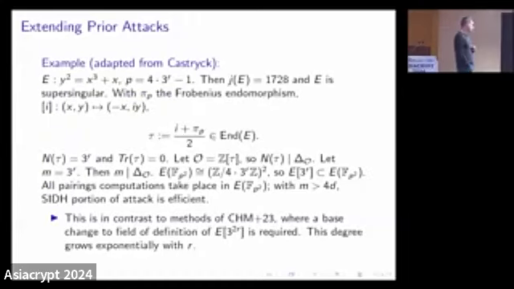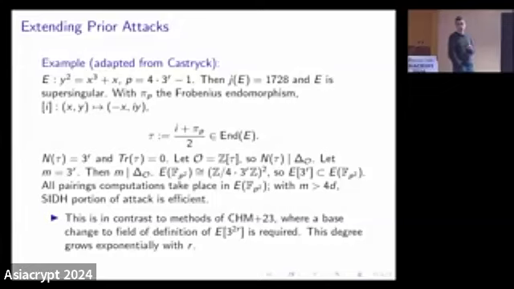So a quick example, this is adapted from some correspondence that my co-author Kate and I had with Wouter Castryck. If we take this particular model for 1728, and we have p congruent to 3 mod 4, and in particular p be 4 times 3 to the r minus 1, then 1728 is in fact supersingular.